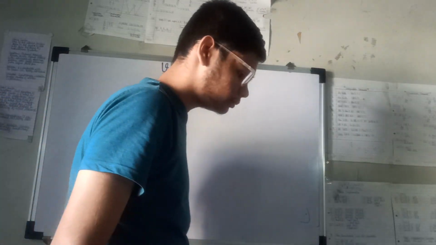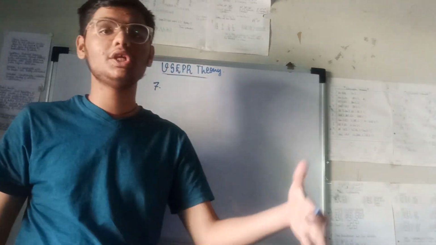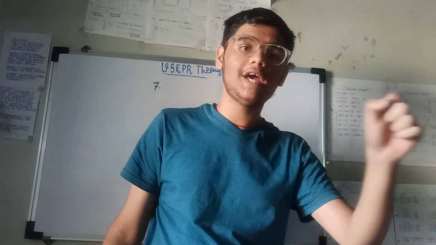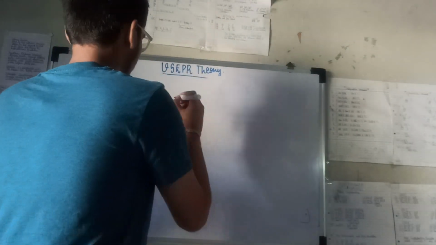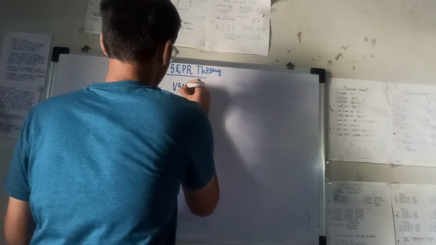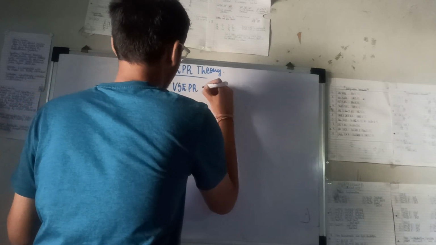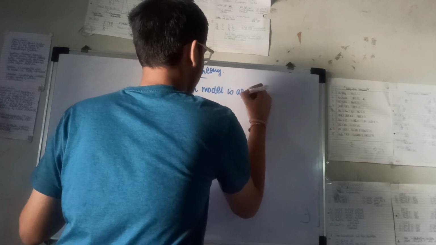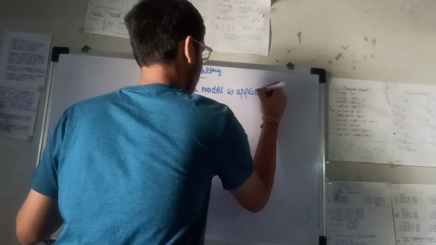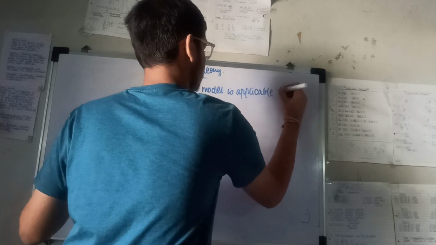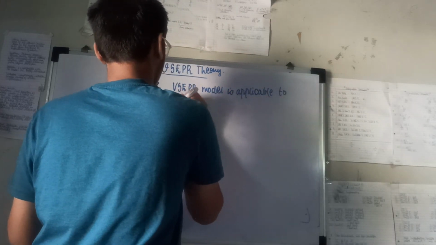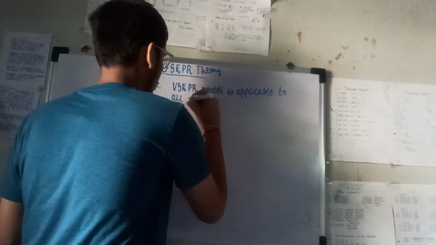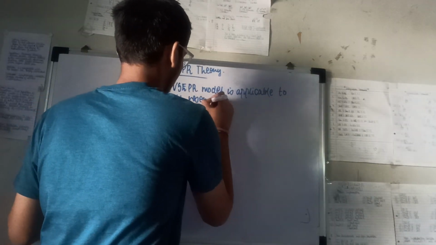So, if two or more resonance structures are present, the VSEPR model is applicable to all resonance structures, or all canonical structures.